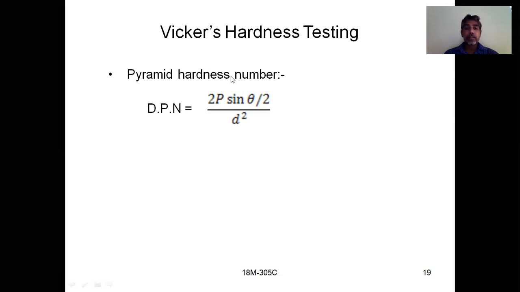DPN is equal to 2P sine theta by 2, divided by d square. This is the formula.